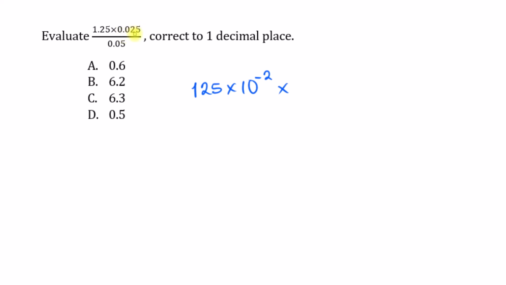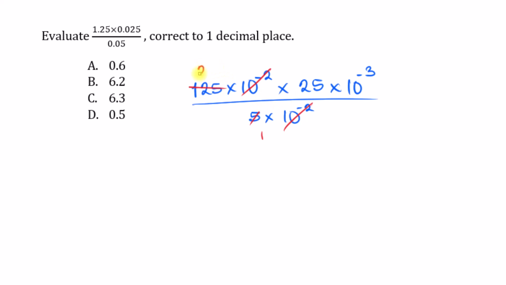I'm moving it 1, 2, 3 to after 5, so I have 25 times 10 raised to power -3. I'm dividing with 5 times 10 raised to power -2, moving 2 places, 1, 2. Already I'm seeing 10 to the power of -2 in the numerator and denominator, so that will cut out. 5 in 125, that is 25. 25 times 25 is 625, times we only have 10 to the power of -3.